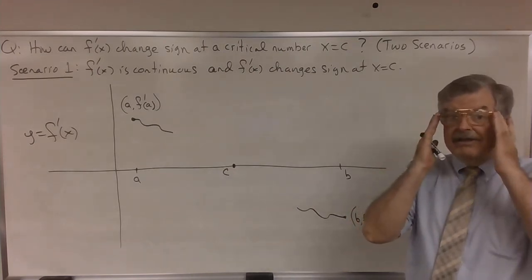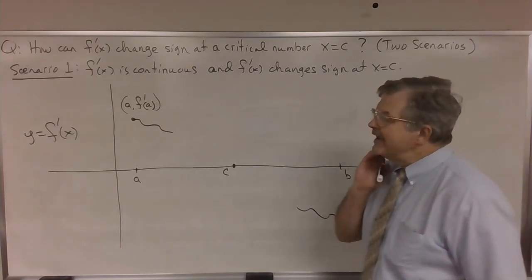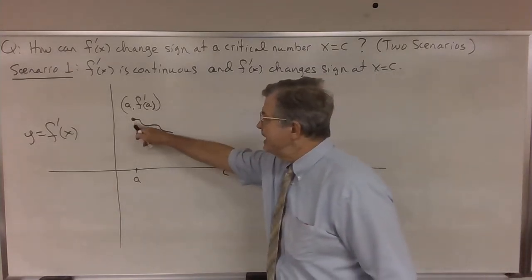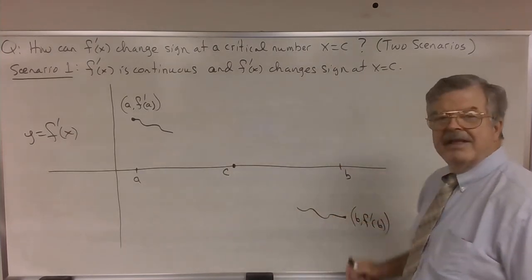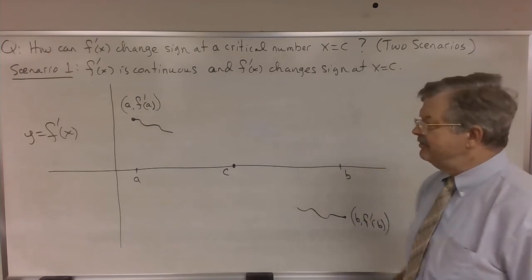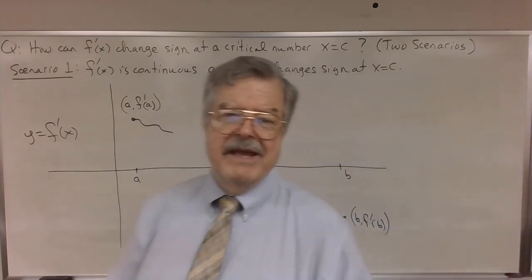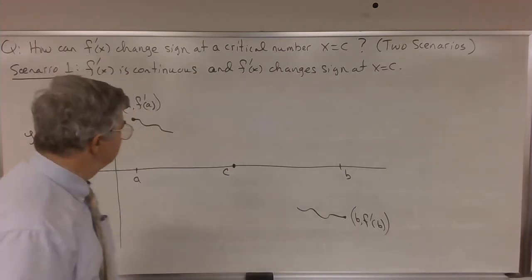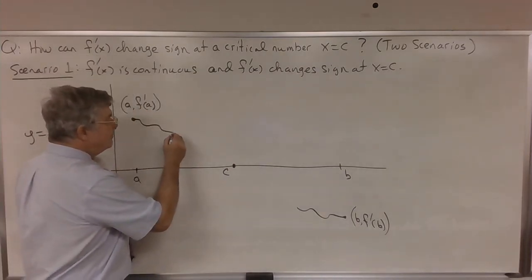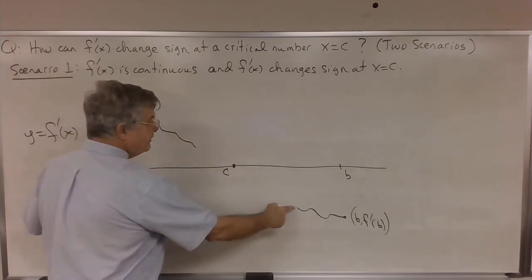It has no breaks, no interruptions. So the graph of f prime of x going from here to here is one connected piece. No breaks, no interruptions. And if the graph of f prime of x is one connected piece, then what does the graph have to do somewhere between here and here?